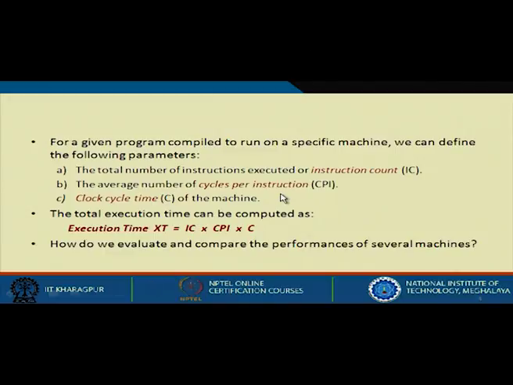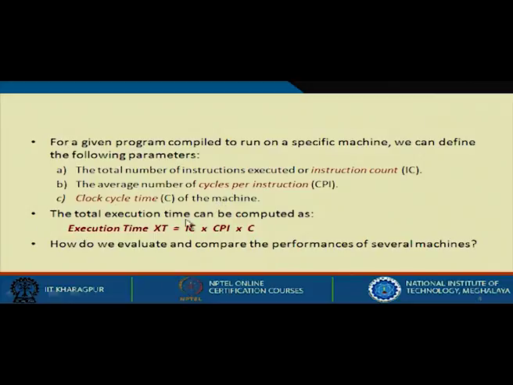The average number of cycles per instruction, as I have already discussed, that is the CPI. So, if there are 20 instructions and each requires some cycles, cycles per instruction is the average number of cycles per instruction. And finally, the clock cycle time or the period of the machine.